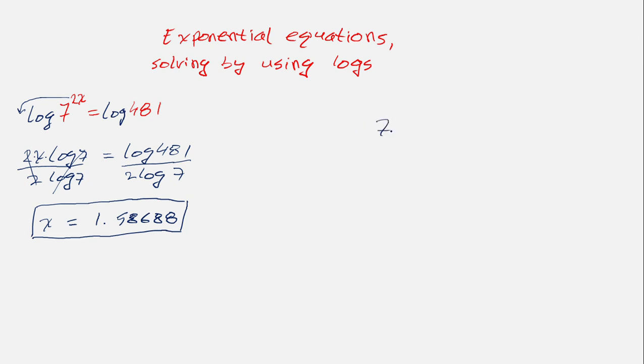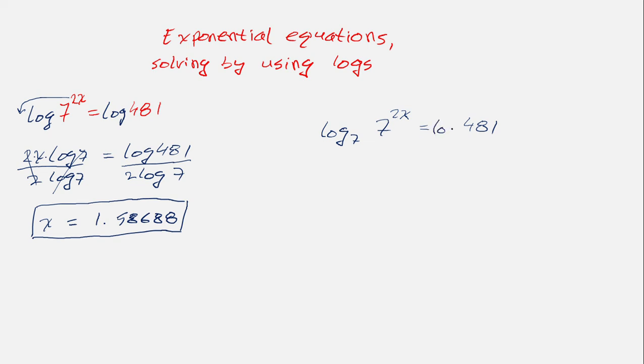So we still have the same problem, 7 to 2x is still equal to 481. But now, instead of using just the common log that we use here, we use log base 7 of this, right?